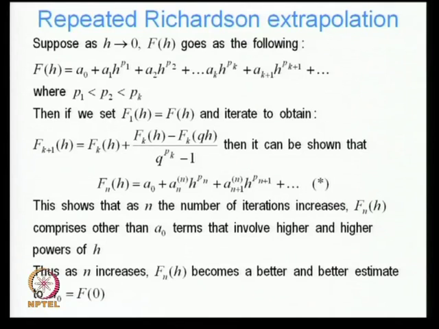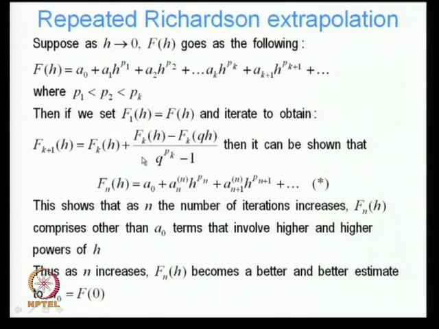Suppose we know that as h goes to 0, f of h goes like this: f of h is equal to a0 plus a1 h to the power p1, a2 h to the power p2, ak h to the power pk, and so on, with the exponents increasing, so p2 is greater than p1, p3 is greater than p2, and so on. Then we set f1 of h equal to f of h and iterate to obtain f k plus 1 of h using this iteration formula.